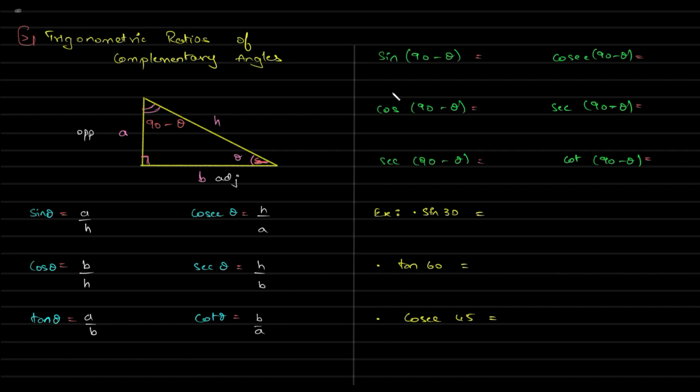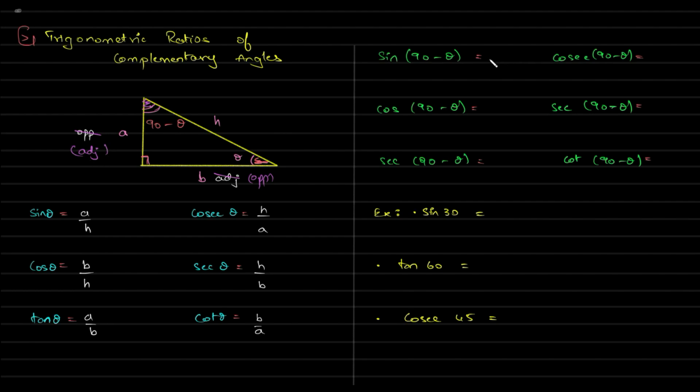Right. On the same line, try out writing sine of 90 minus theta, cos of 90 minus theta, and so forth. So basically we are over here. So we are looking at this to be our opposite and that to be our adjacent, right?